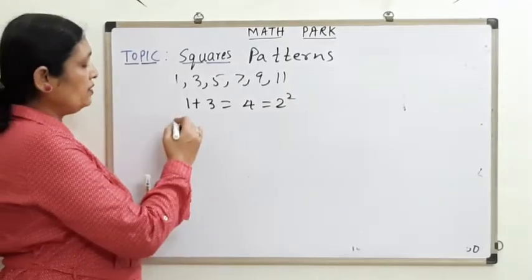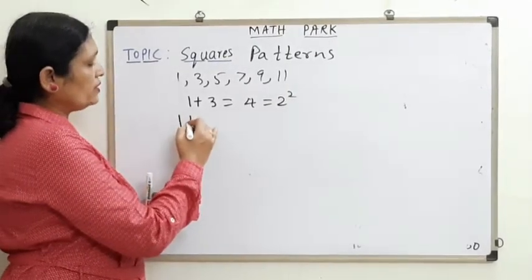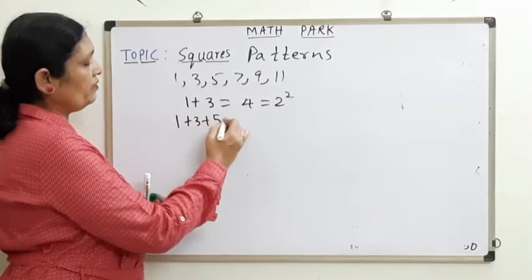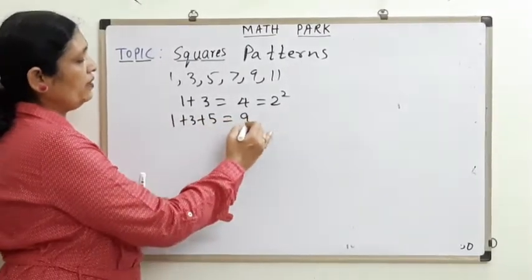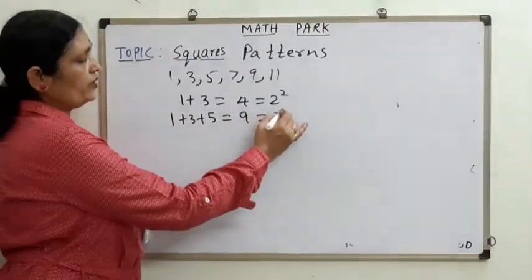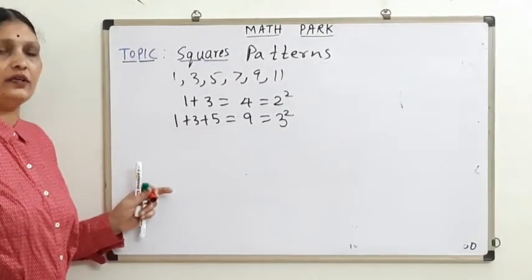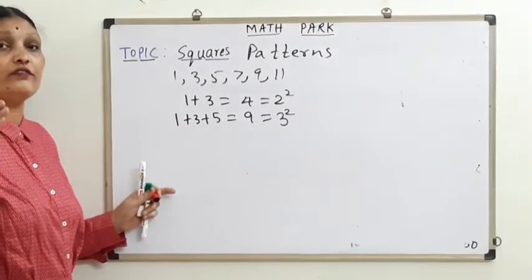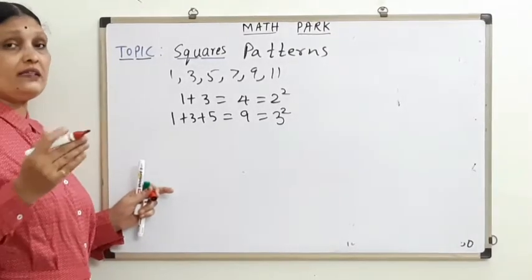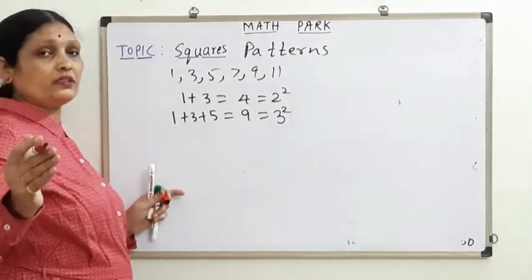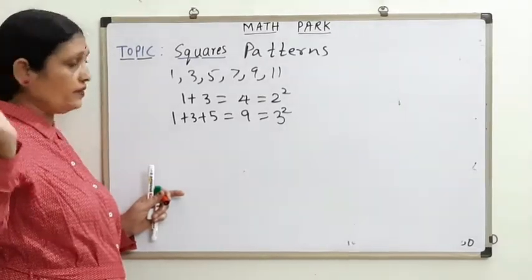If I add three consecutive odd numbers, 1 plus 3 plus 5, which is going to be 9, that is the square of 3. When I add 10 consecutive odd numbers, that is going to be the square of 10. If I add 7 consecutive odd numbers, that is going to be the square of 7.